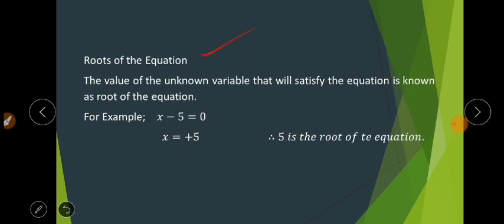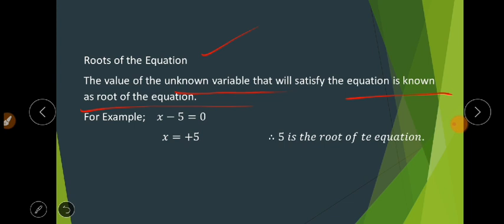We'll take up the next one, that is root of an equation. The value of the unknown variable that will satisfy the equation is known as the root of the equation. For example, if we take x minus 5 is equal to 0, moving the minus 5 to the RHS, you will get x is equal to plus 5.